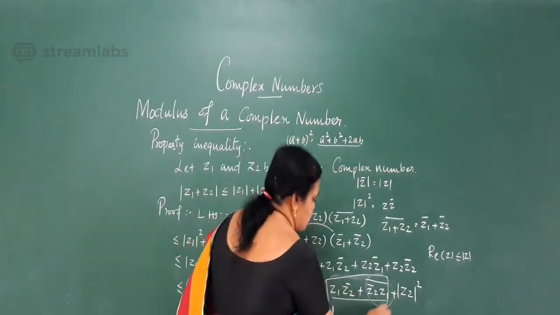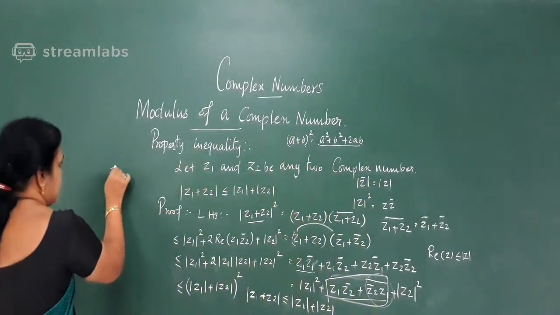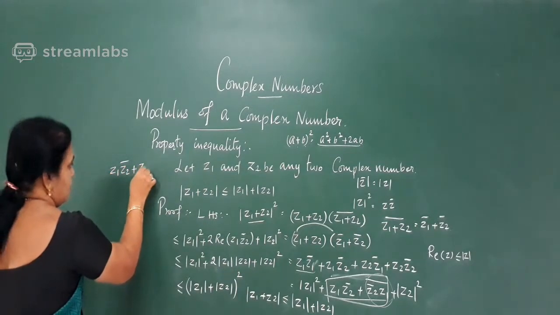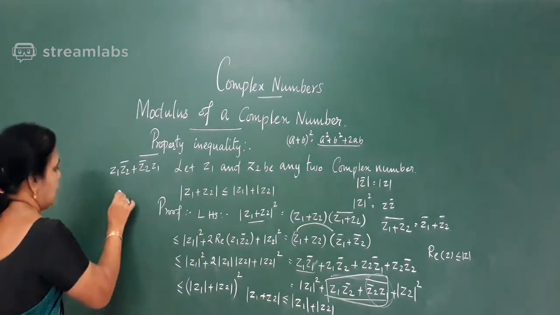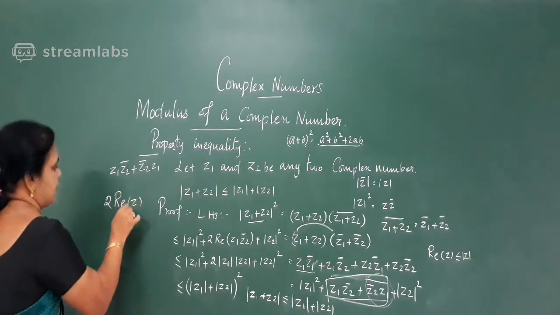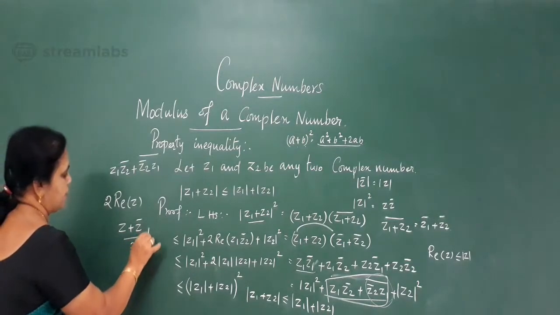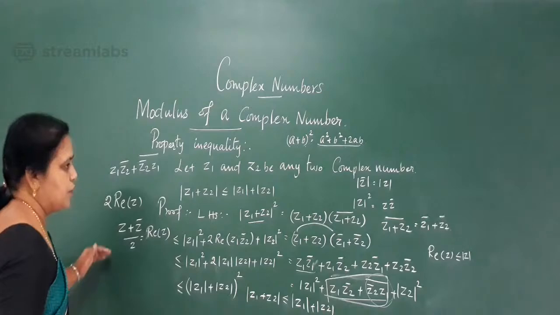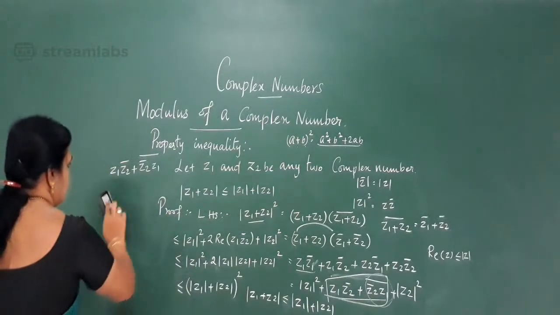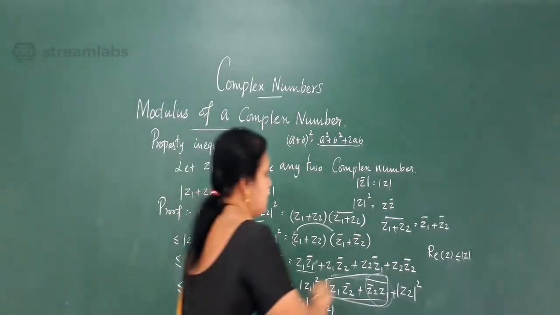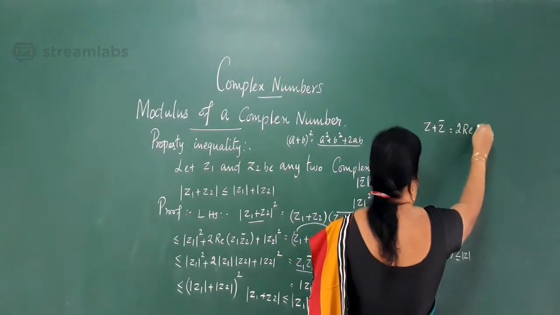How did I write this 2 real part of z now? You just take this whole term, isn't it? How did I write 2 real part of z? We know (z plus z bar) by 2 is equal to the real part of z. You see here, z plus z bar is equal to 2 real part of z.